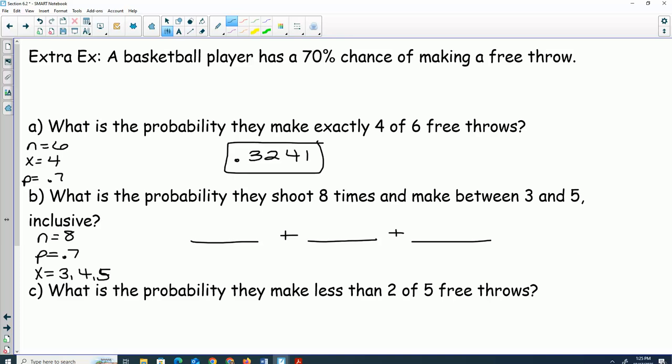So when N equals 8 on my table, I'm turning the page. When N is 8, when X is 3, and go over to 0.7, and what do we have?